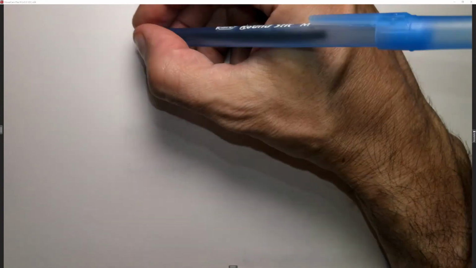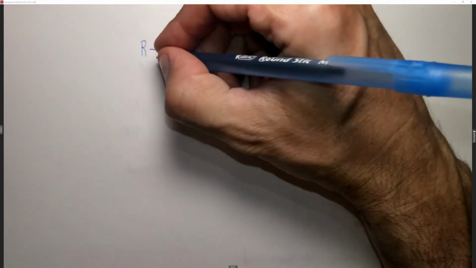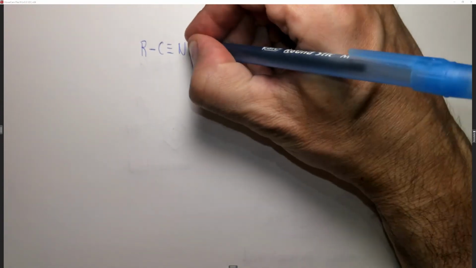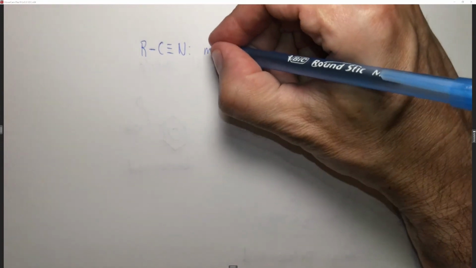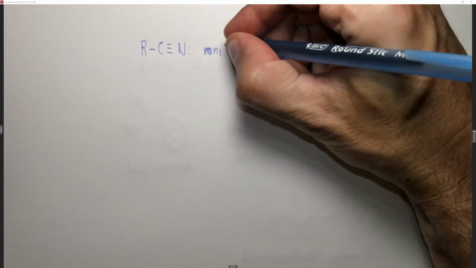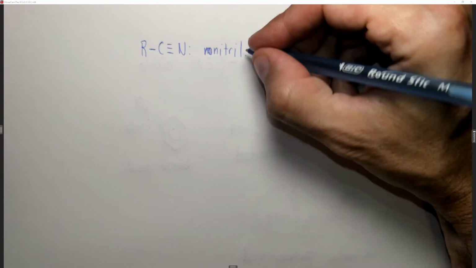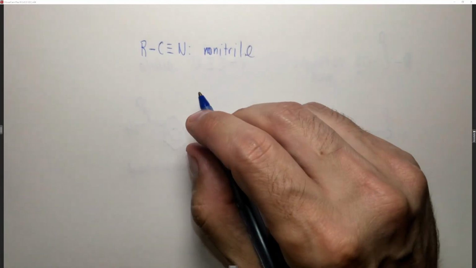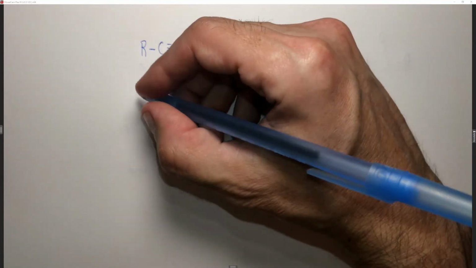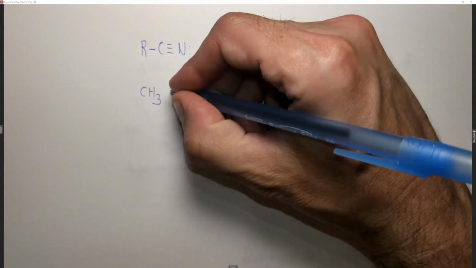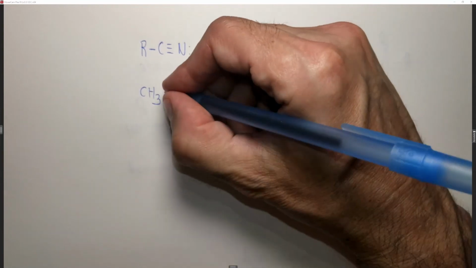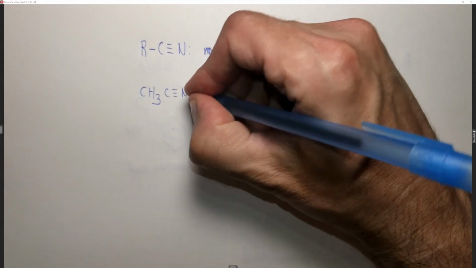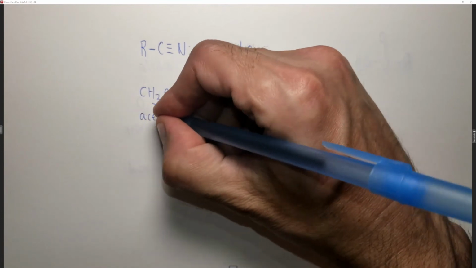Let's look at nitriles. So remember, a nitrile is R bond C triple bond N with a lone pair. This is called a nitrile. So let's look at an example. We could have some common names like one carbon bonded to this. Okay. This is called acetonitrile.